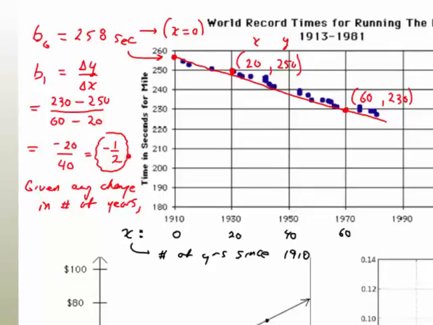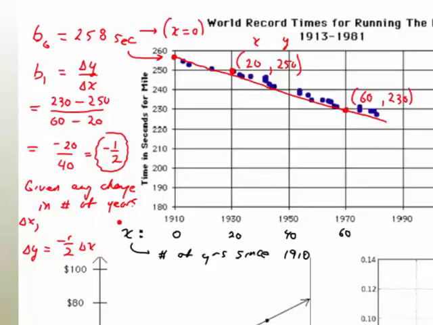So we said in 1 year, it comes down a half. In 2 years, it comes down 1. In 10 years, it comes down 5. So given any delta x, then what does this number tell us? That the change in time is? Yeah, it's -1/2 times whatever change you selected, right?